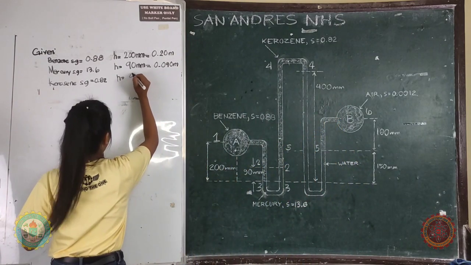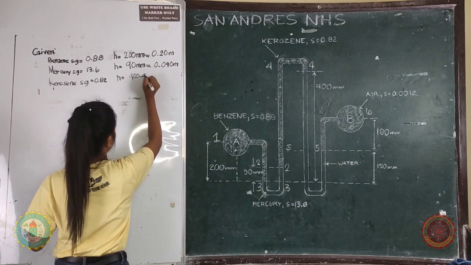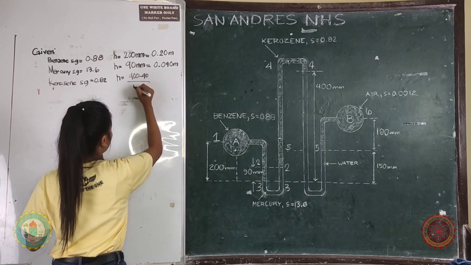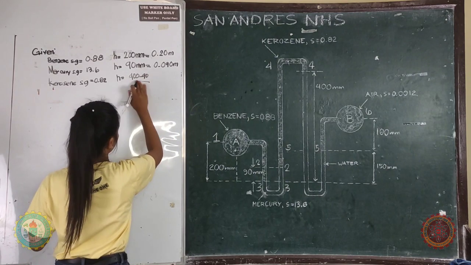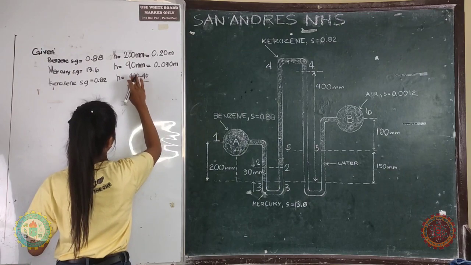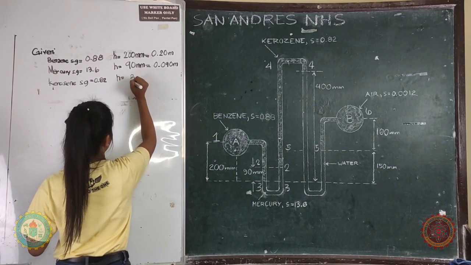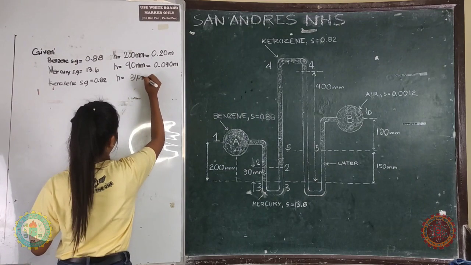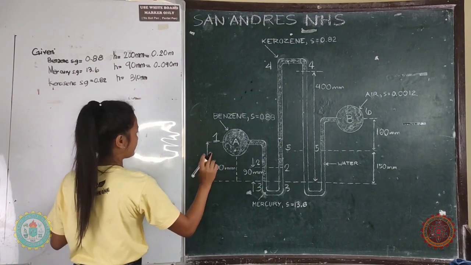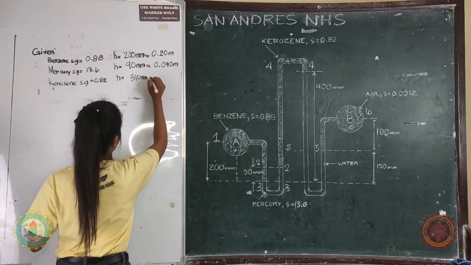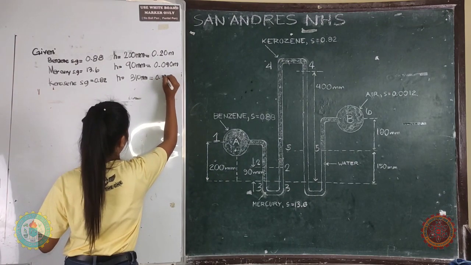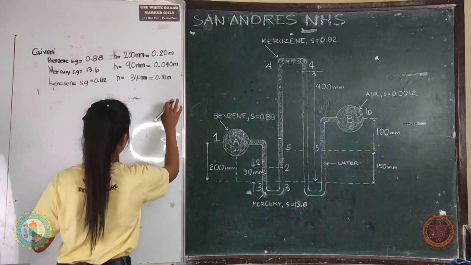So 400 minus 90 mm is equal to 310 mm, because we subtract 90 from 400. That is equal to 0.31 meter, because we converted it into meter.